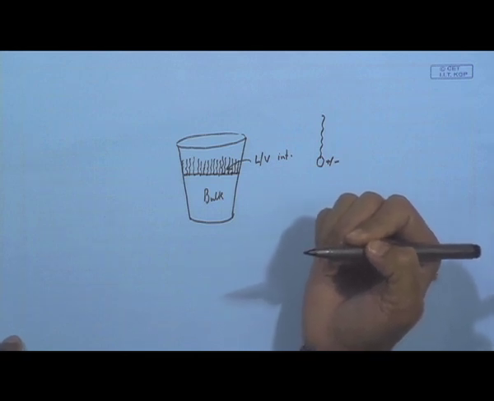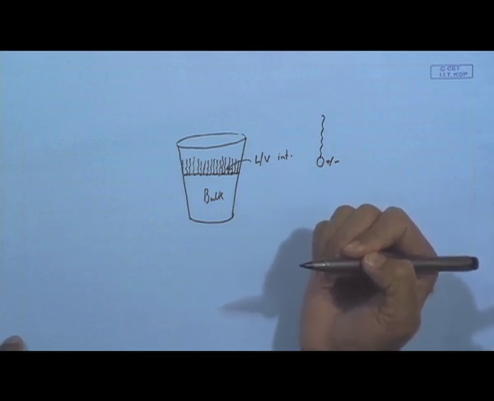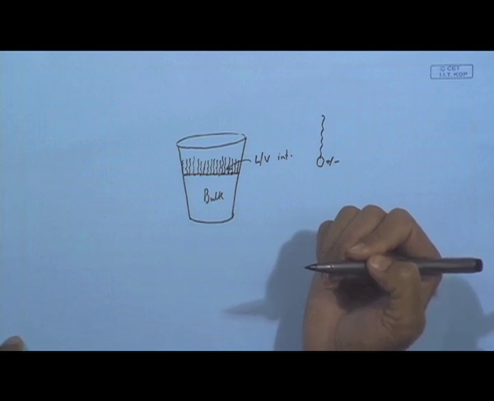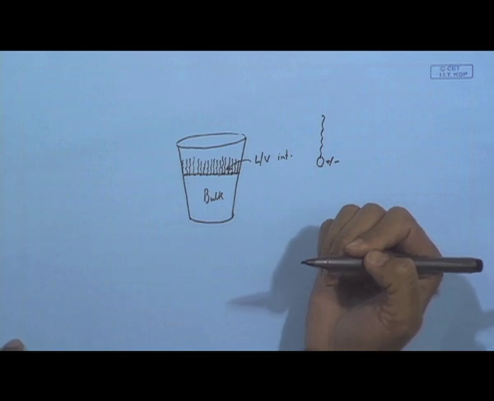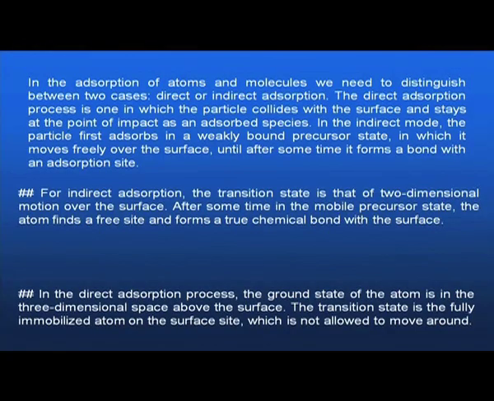So, when you think of a surface reaction, that surface reaction must have a component that your reactant will adsorb onto the surface on which the reaction is taking place. They may be on the metal surface. In the adsorption of atoms and molecules, we need to distinguish between two cases.